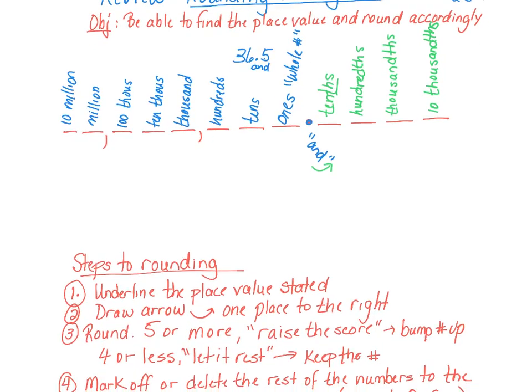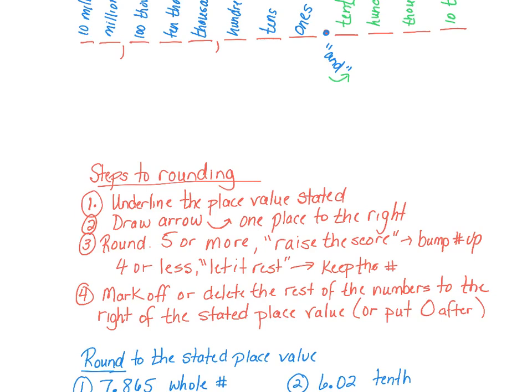Okay? So here are the steps to rounding. Let's just start with this problem. Let's start with, as an example, 3.297. And it says round to the nearest whole number. Well, as we talked about up above, whole number is the ones position. So what I do first step is to underline the place value stated.